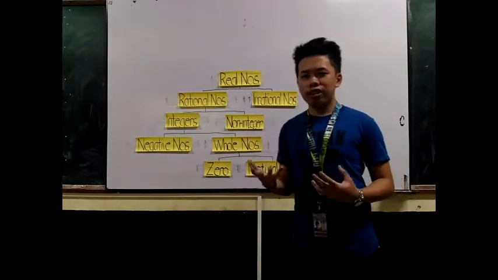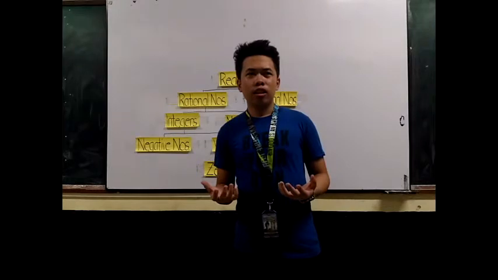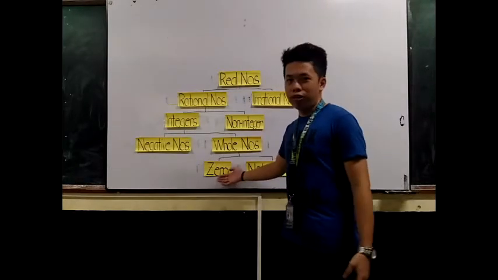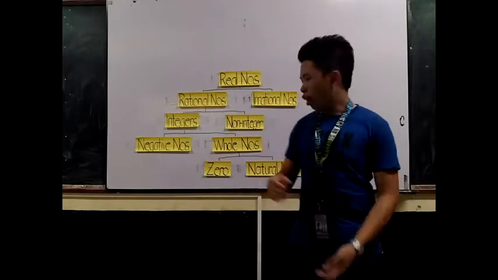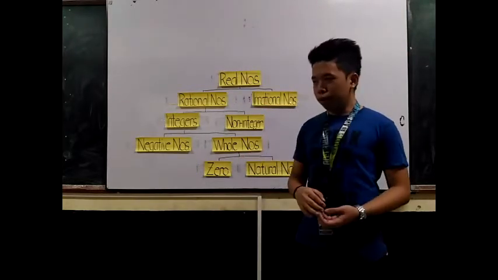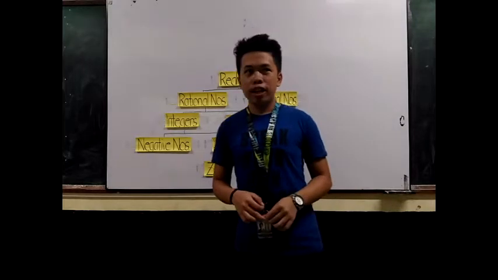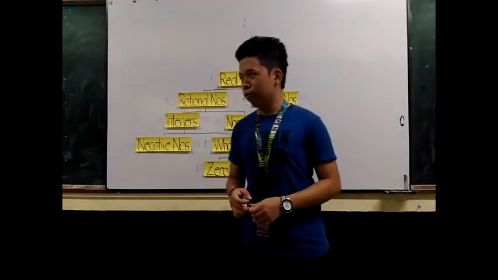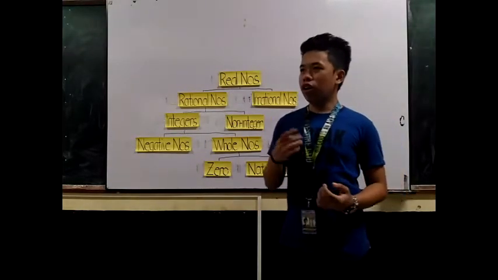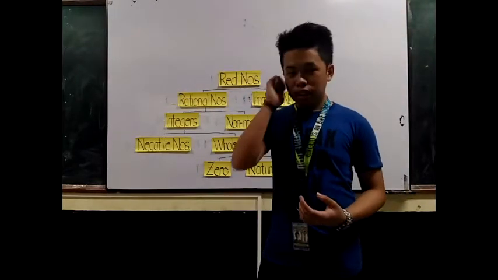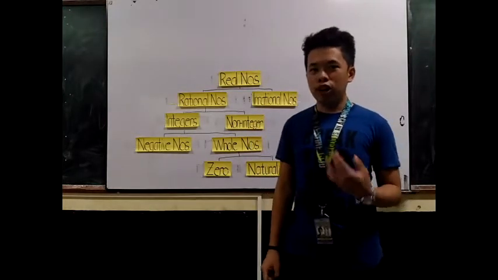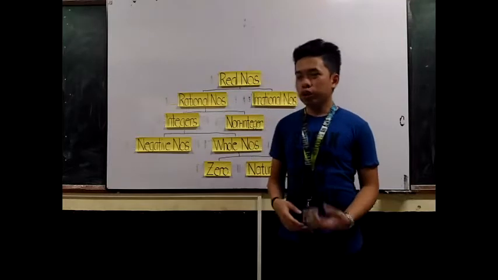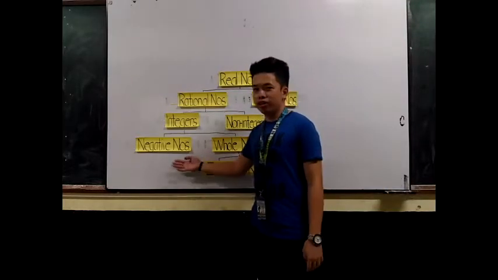So what if there's nothing to count? We call it zero, right? So 0 plus the natural numbers makes up the whole numbers. So what if there's a loss? You have a debt to your friend, a loss in stocks, and a decrease in height. This calls for a loss or negativity, which we call in math negative numbers.